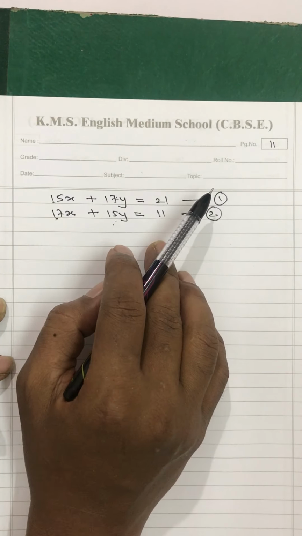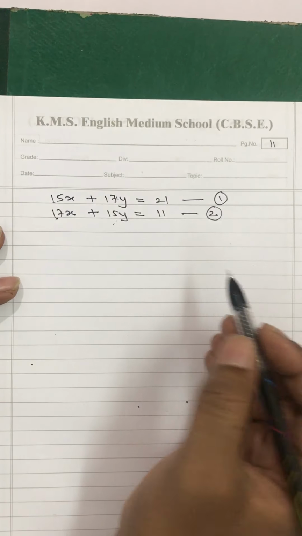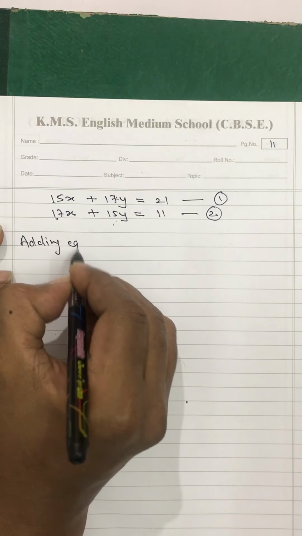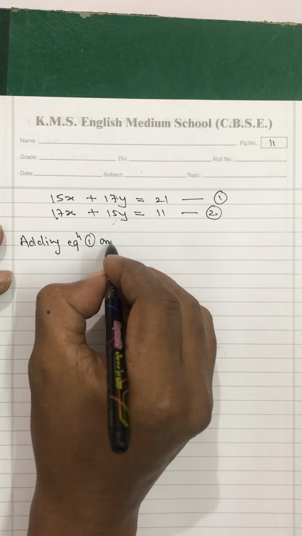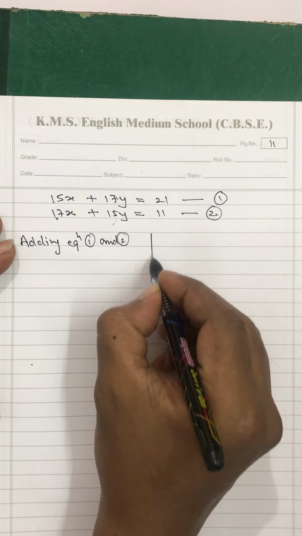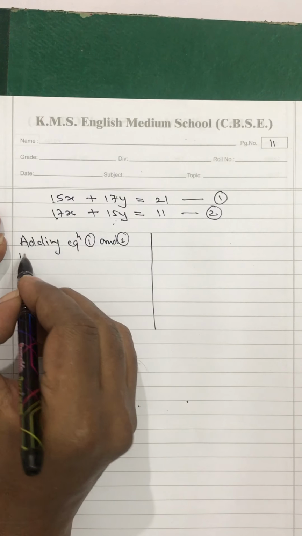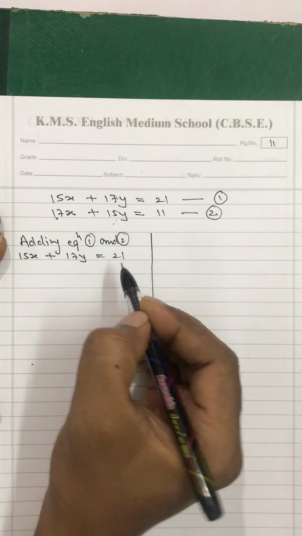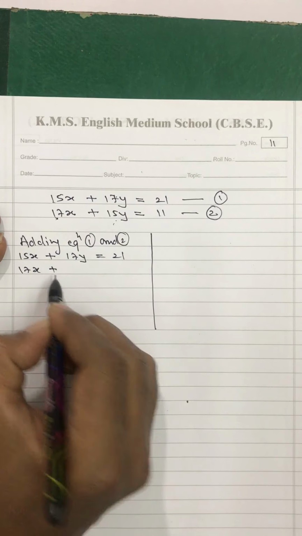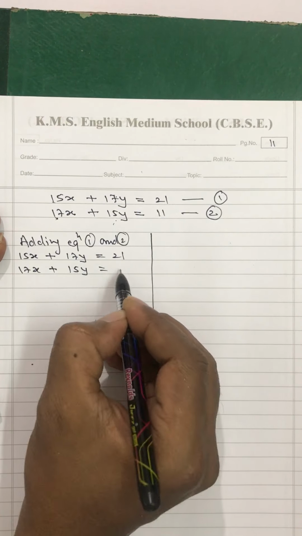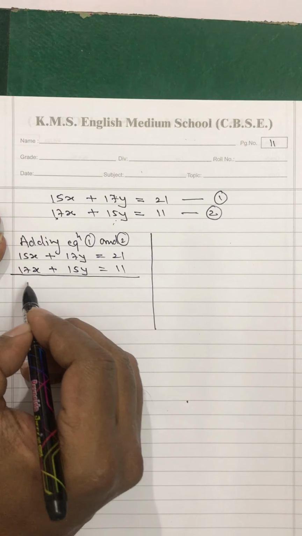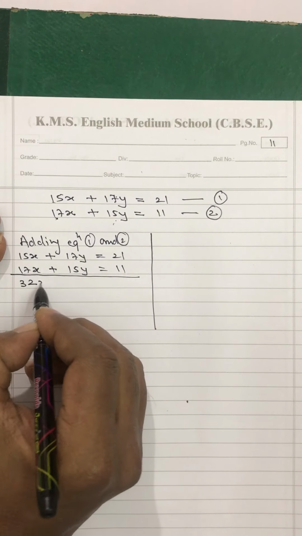But if they ask you to use the equating the coefficients method, what you have to do, my dear students, is add equations 1 and 2. See, if I add these two equations, 15x plus 17y is equal to 21, what do I get over here? 32x.